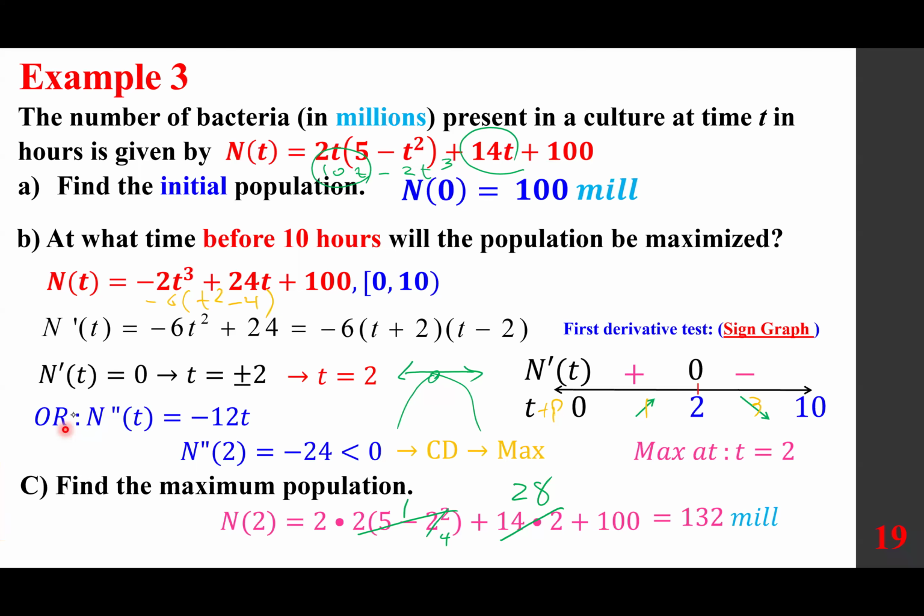And make sure that this number is larger than n of 0, okay? And the maximum population would be 132 million bacteria at t equals 2 hours.